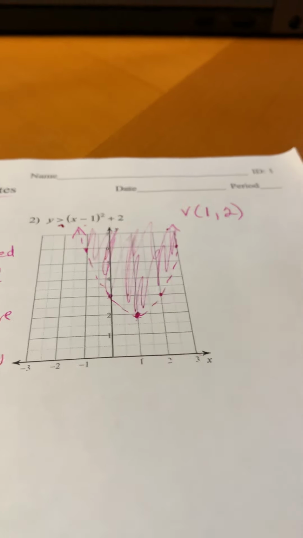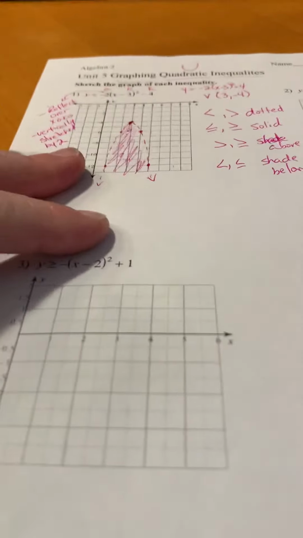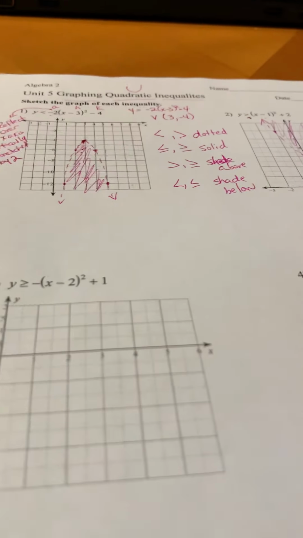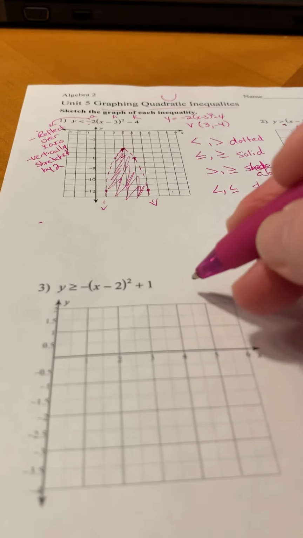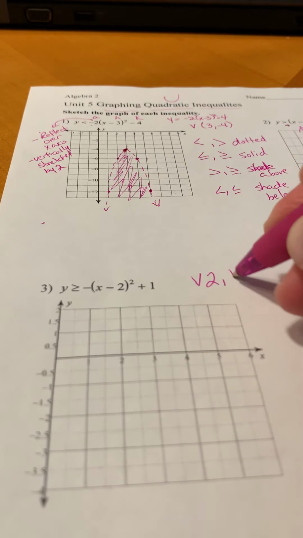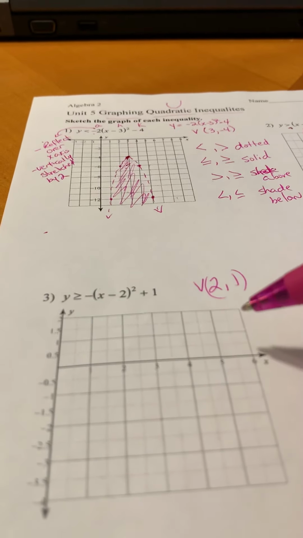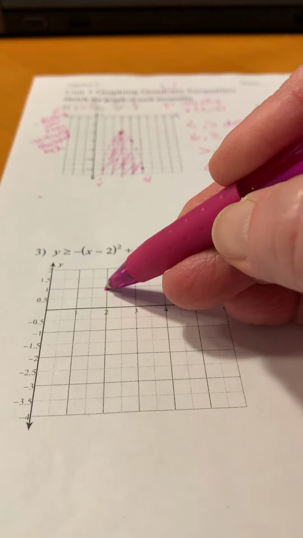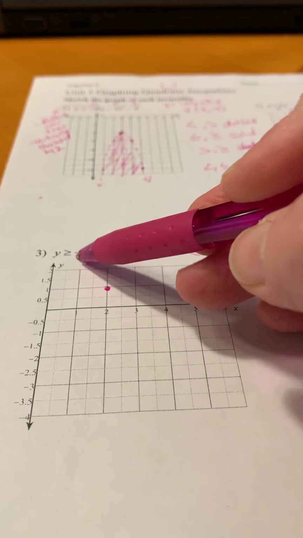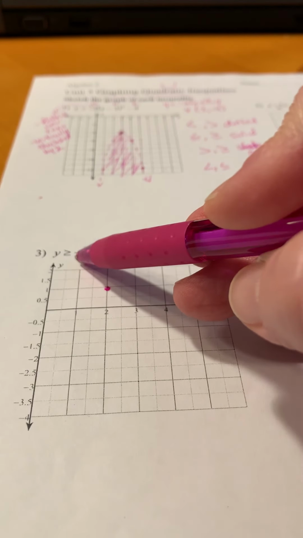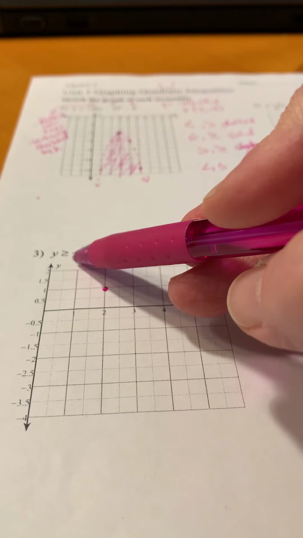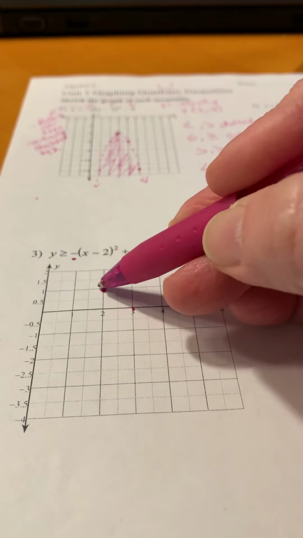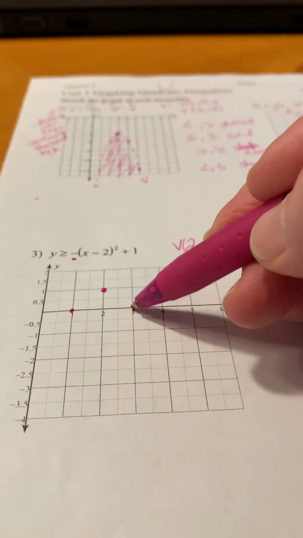Let's look at number 3. We're going to try to do this pretty fast here. So our vertex is at 2, 1. That's my vertex. It's going to reflect across the x-axis because my A is negative, so it's going to go down. It is 1, so our first point is just going to be over 1, down 1.